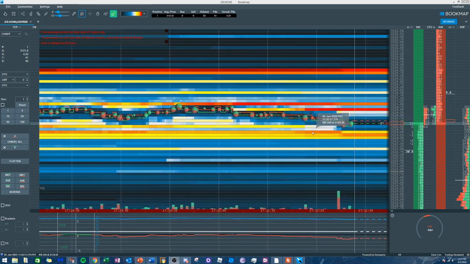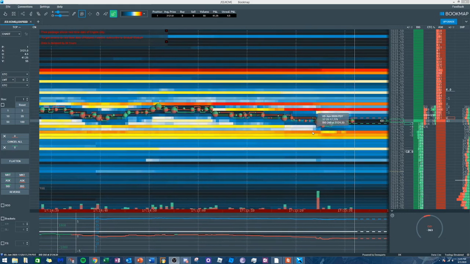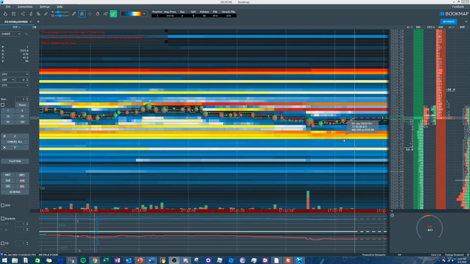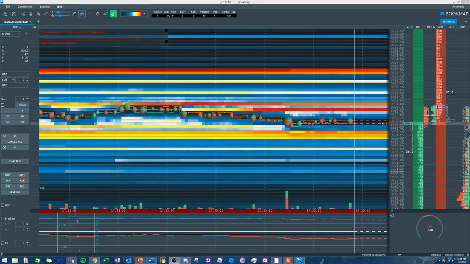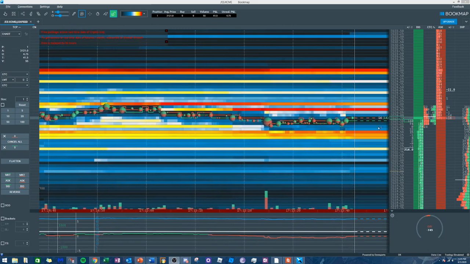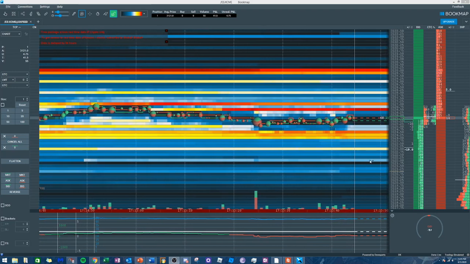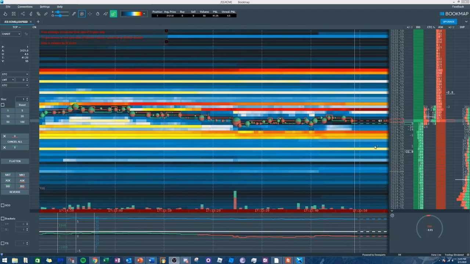What the heat map does is show you, in a visual display, a gradient that correlates with the number of limit orders on each side of the market. As I'm sure you know, a limit order is where you say, hey, I really want to buy at this price right down here.